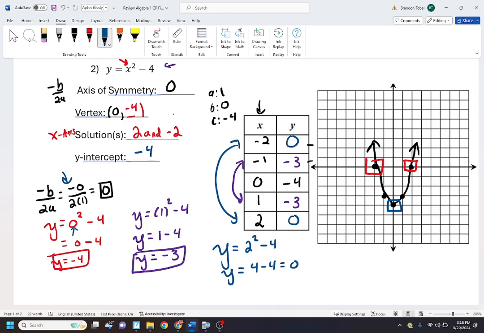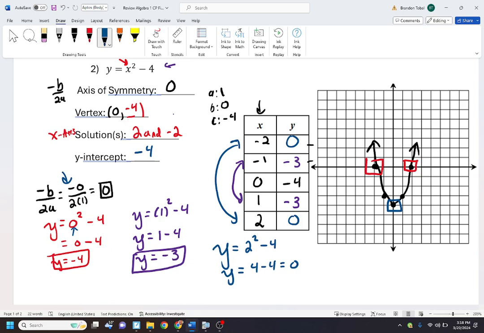Before I move on, any questions? Solution is where it hits the x-axis. Not top and bottom, these 2 red boxes right here. When I say 2, I mean I went 2 to the right to hit the first one, and then -2, I went left 2. I'm talking about the x-axis.